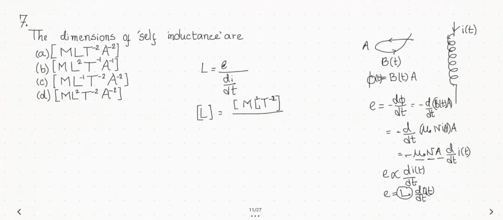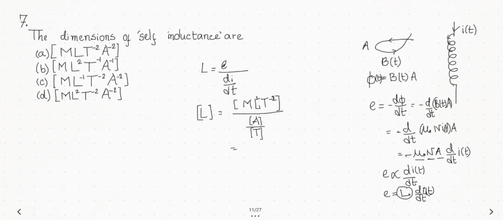For di/dt, current is the fundamental quantity, so you can put A here, and T is the time.